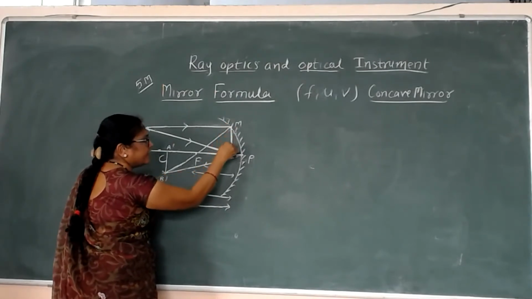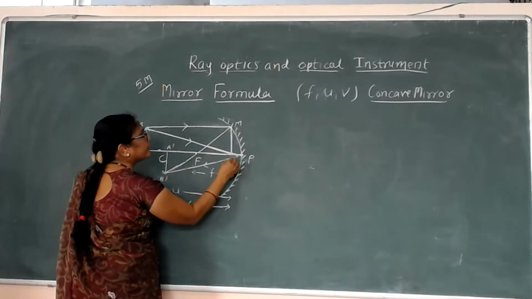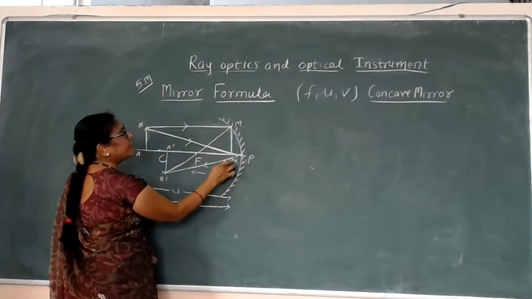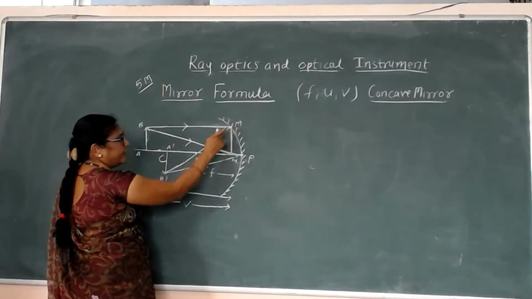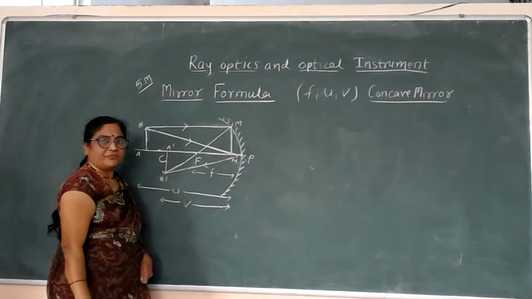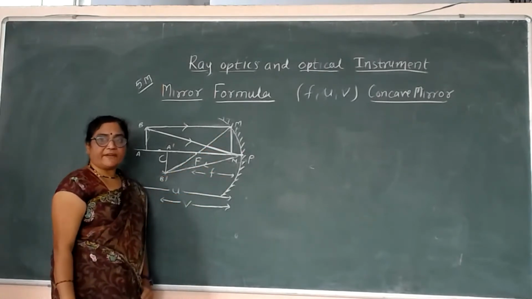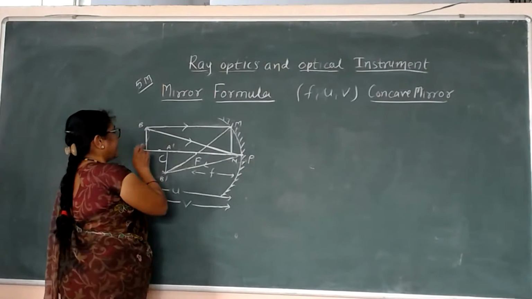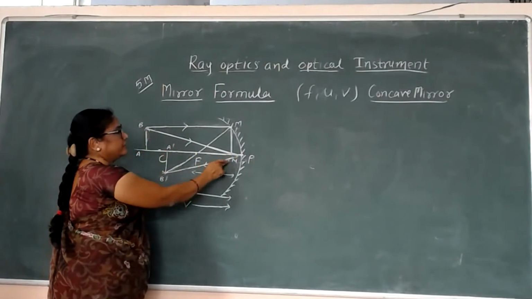To consider the similar triangles, draw a perpendicular from the point M to the principal axis, that is MN. Then consider the two similar triangles. These two similar triangles are ABP and ABN.